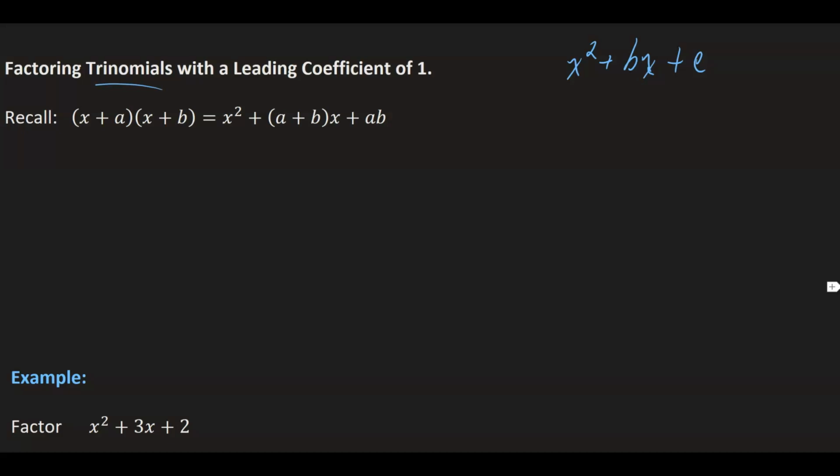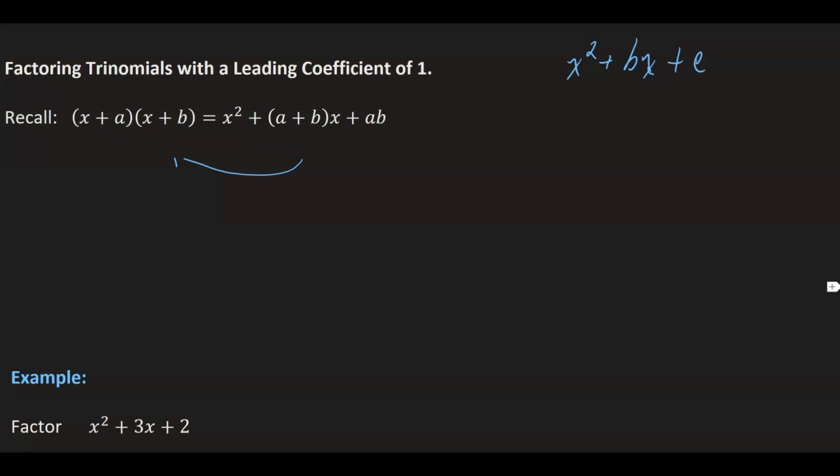What I want you to recall from your multiplication of binomials, if we are multiplying x plus a times x plus b, what we get is equal to x squared plus (a plus b)x plus ab. And so when we are factoring trinomials, we're actually going from this stage back into the factored form where we have 2 brackets that are factors of the trinomial.